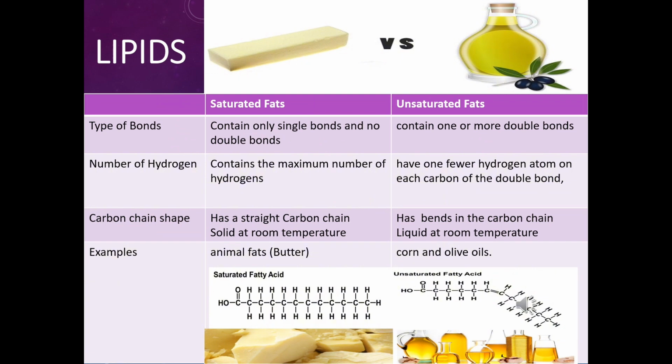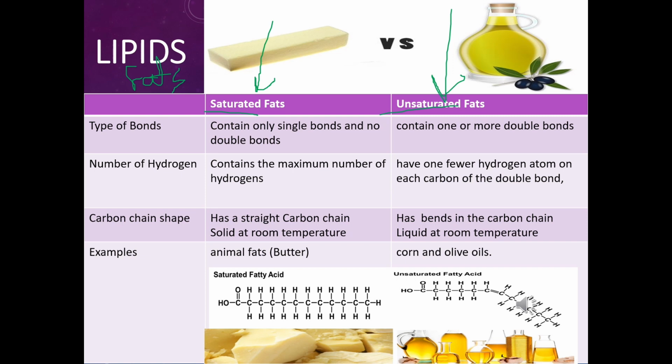This actually brings us to more classification. We are going to classify fats into two categories: saturated and unsaturated fats. For the saturated fats, just imagine while we are explaining, this is the butter. It's solid at room temperature, and this one is the oils, olive oil and corn oil, liquid at room temperature.